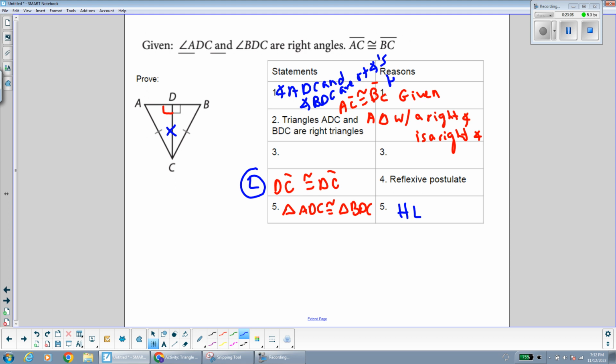The H was already from our givens, and we did already state that we have right triangles, so we don't need this step of the proof. We have everything that we need for HL. Our given was the H and the right angles. We stated that we have right triangles to use HL. We mentioned the leg with the reflexive property, so we have everything we need to say the triangles are congruent by HL.